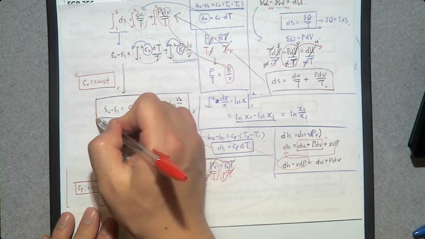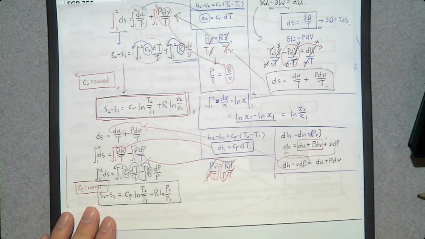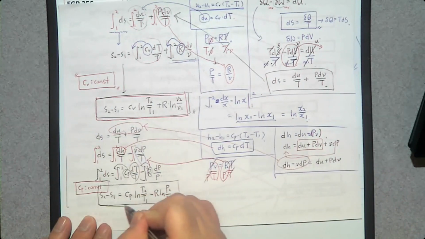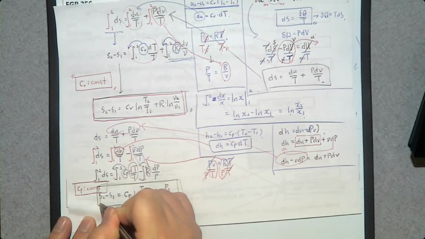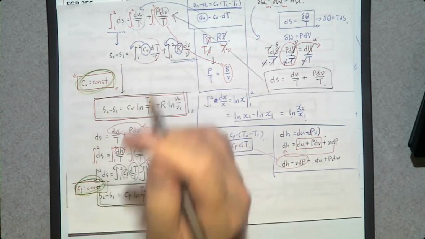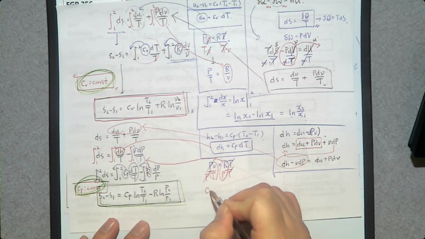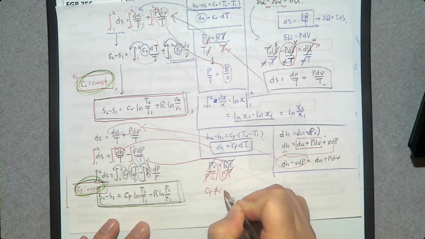So we have one equation here, another equation here. For both we assume specific heats are constant. Sometimes we have a problem whose specific heat changes dramatically. Then how can we solve those problems? We assume that Cp is not constant.